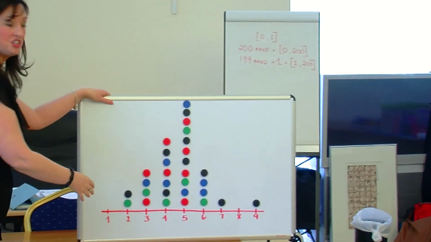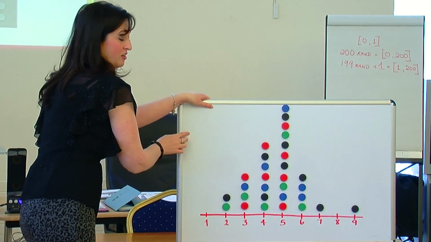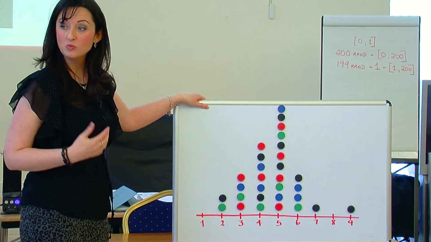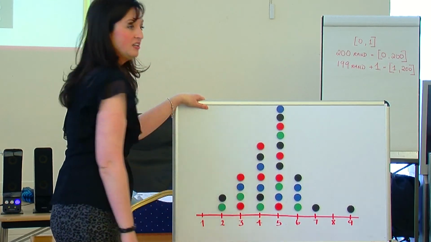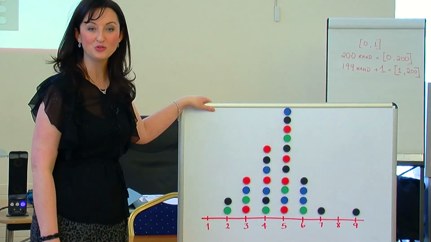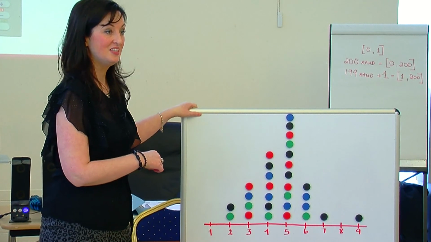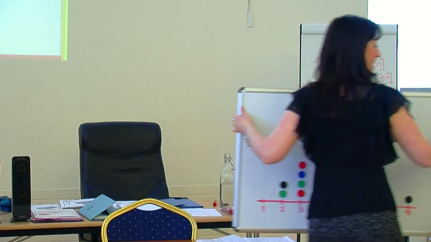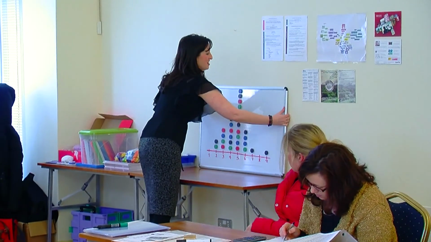Because if this was a bar chart, wouldn't we have one going up here to tell me how many are here? But the nature of a dot plot is we don't need that. The number of dots tells me how many students had a family of 4. So that's the type of thing you're going to make up then, okay? And I'll leave it over here so you can see it. So that's the plan. I'll give you out rulers. You're in your wee groups there, so you can make a start.